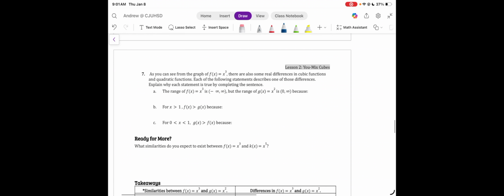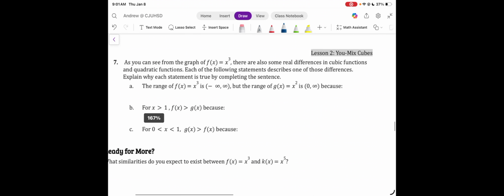Number 7, as you can see from the graph of the cubic, there are also some real differences. Each of the following statements describes one of those differences. Explain why each statement is true by completing the sentence. So the range of f of x equals x cubed is negative infinity to positive infinity, but the range of g of x equals x squared is 0 to infinity because, well, a square number is always positive.